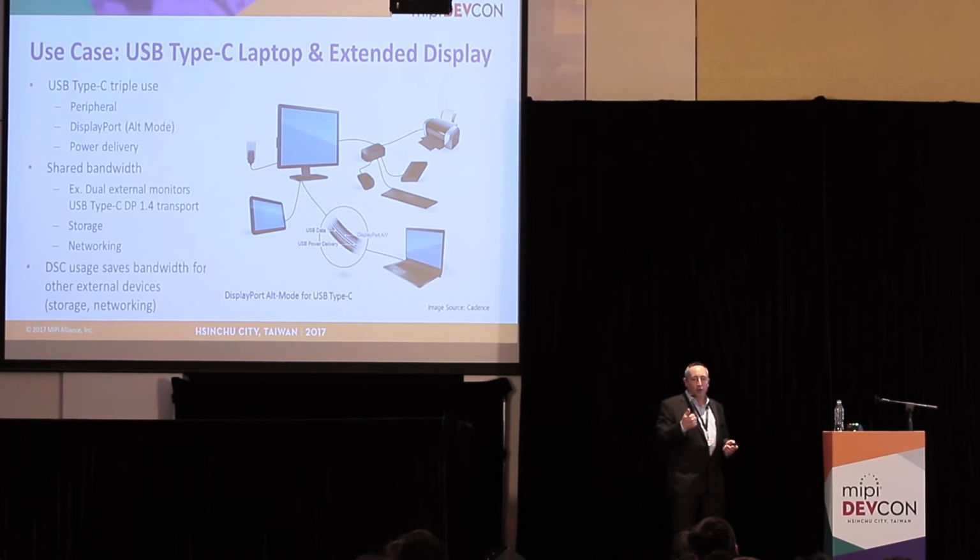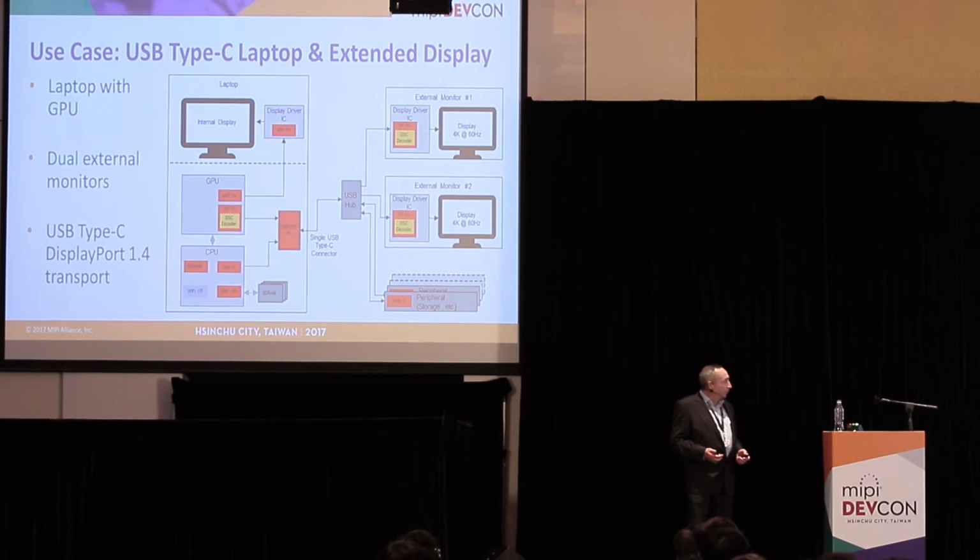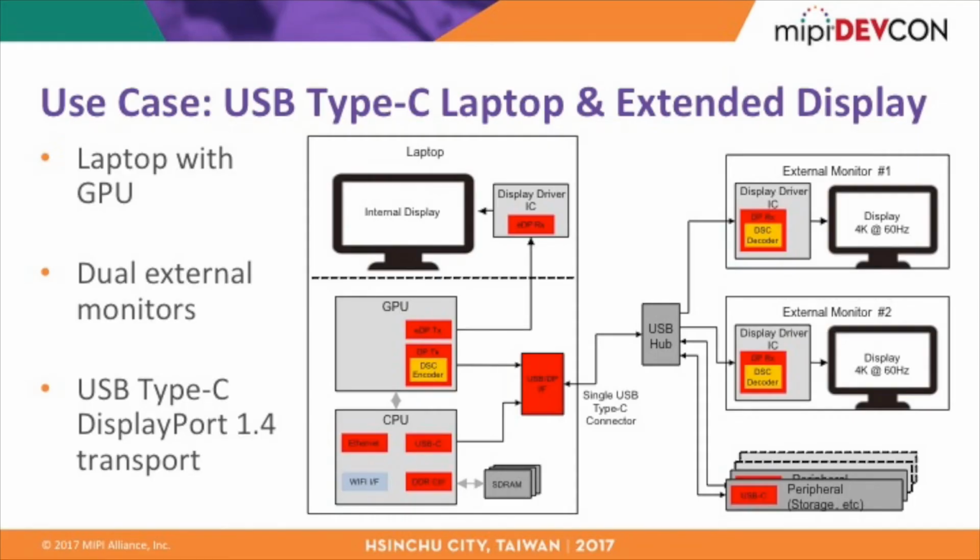If you want to use your USB to establish a network connection or external storage connectivity, you can't too easily do that. So one solution is to use DSC. And fortunately, DSC is supported by DisplayPort, and DisplayPort over the alt video mode on USB can do that.